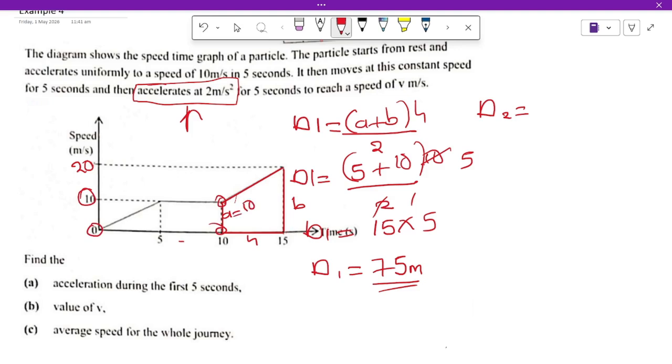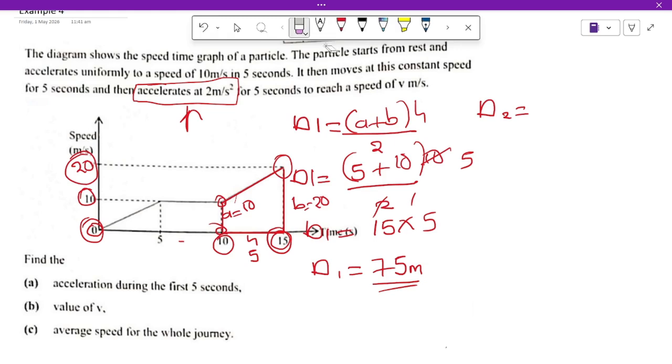Our height is from there to there, which is 15 minus 10, giving us what? 5. And then our B is the distance from there to there, which you can pick from here, 20 minus 0. So if that 20 was wrong here, it would be wrong there as well.